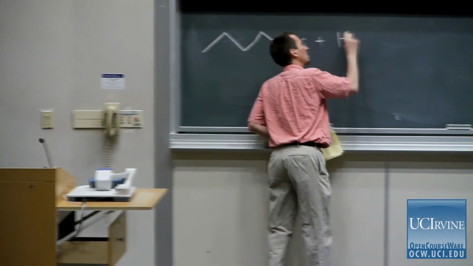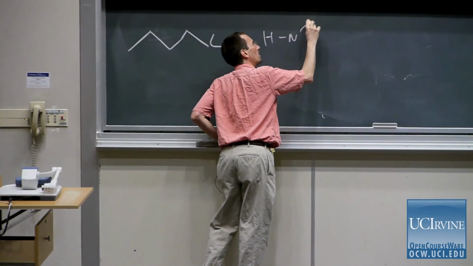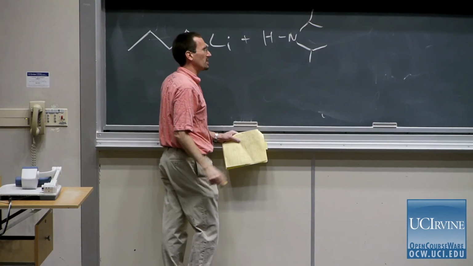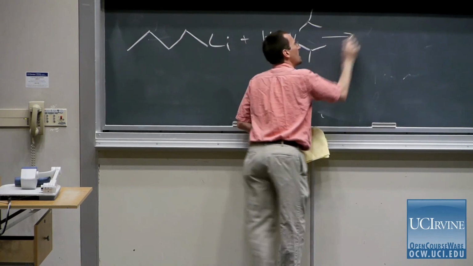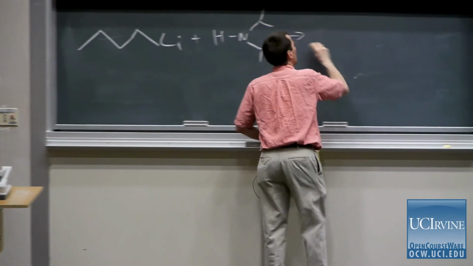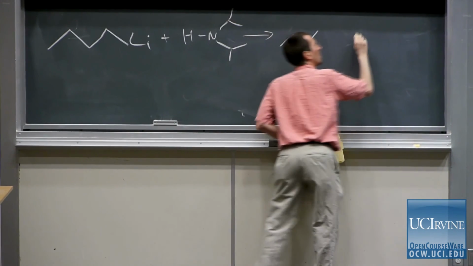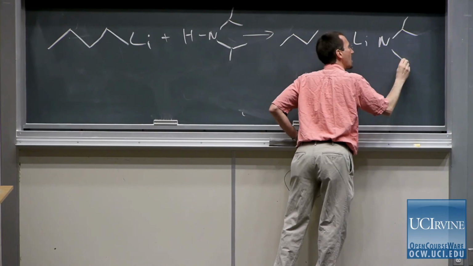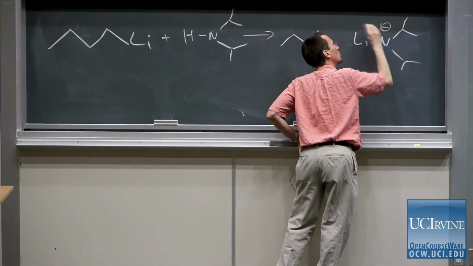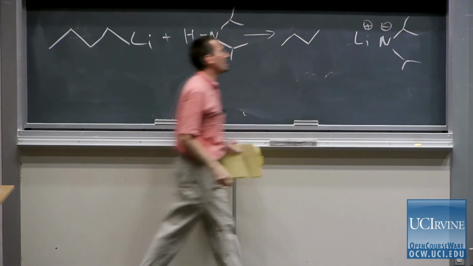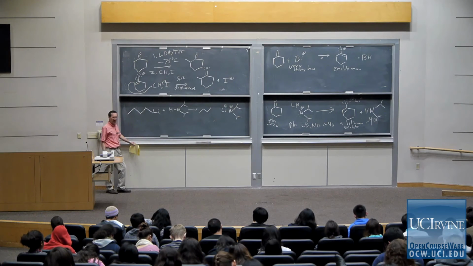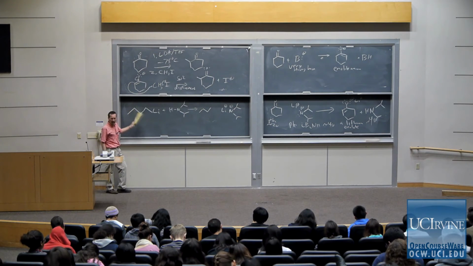You can mix it with diisopropylamine in THF if you like, before you add your cyclohexanone, and you pull off a proton, you get butane plus lithium diisopropylamide. And again, I'm now getting into writing things in shorthand, so I'm not writing as many lone pairs of electrons here. And this, too, is an acid-base reaction.